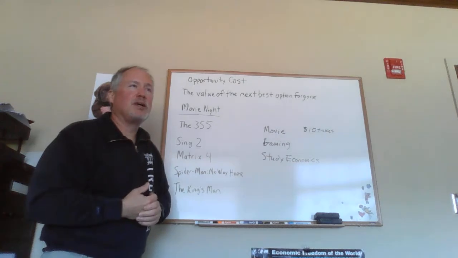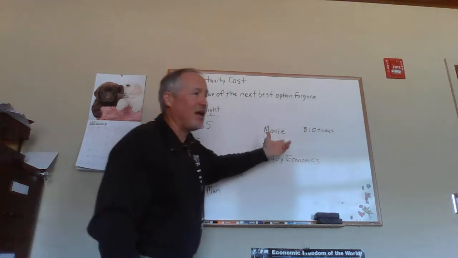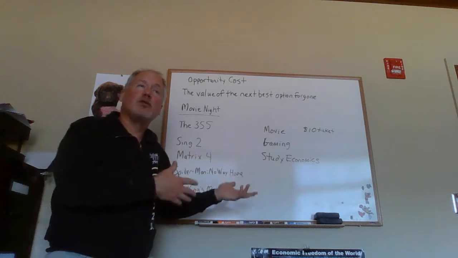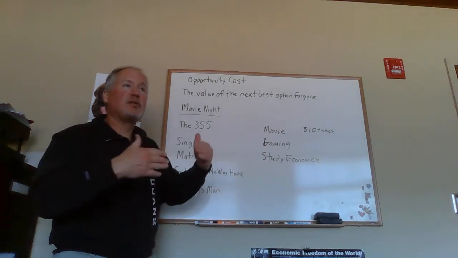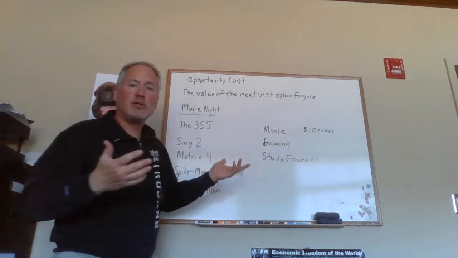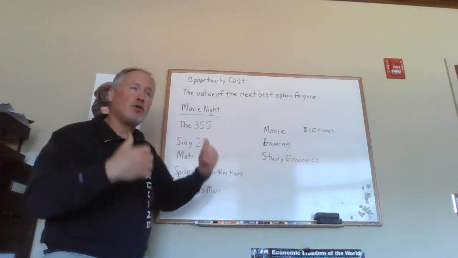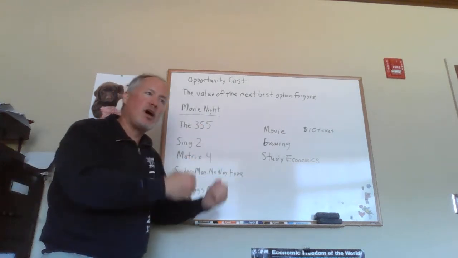Or if you were going to play games tomorrow night, you could get a pizza with that $10, but you already spent it to go to the movie. So you gave up the opportunity to spend that $10 on something else, and you gave up the opportunity of gaming. But we want to think about the full cost: what all have you given up?